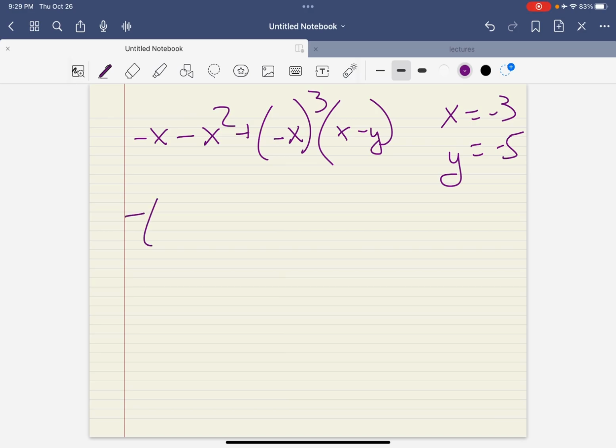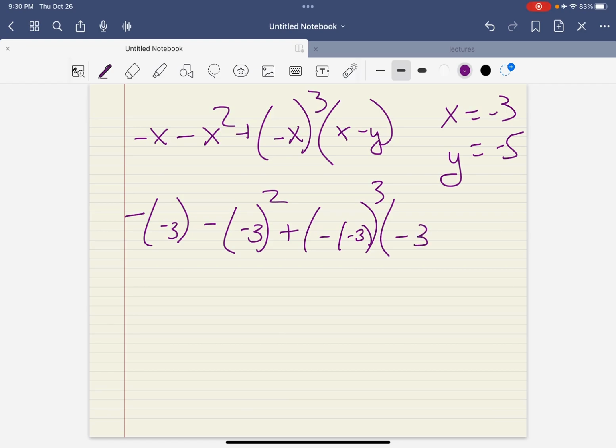Okay, so minus and minus 3, minus 3 quantity squared plus minus 3, and then that whole thing cubed. And then minus 3 minus a minus 5. Lots of negatives in here to try to throw you off. So that's 3. And this right here is 9, so then it'll become minus 9.